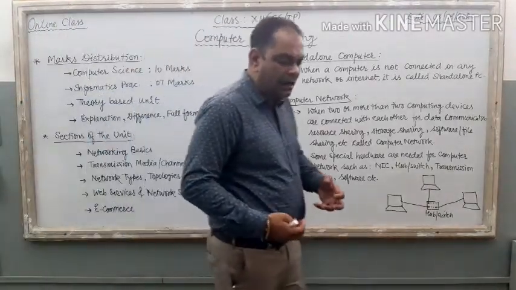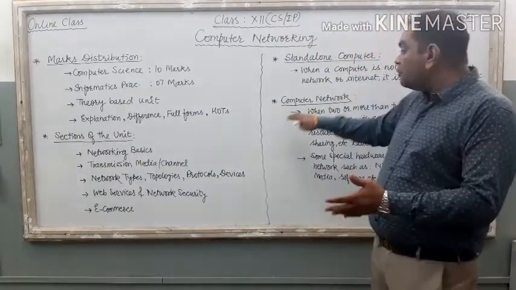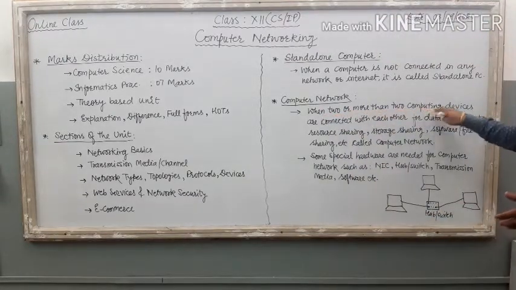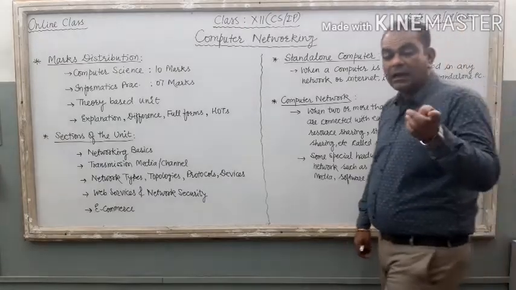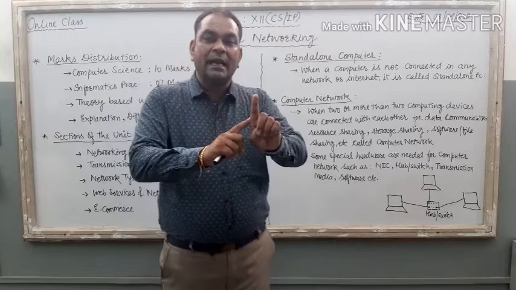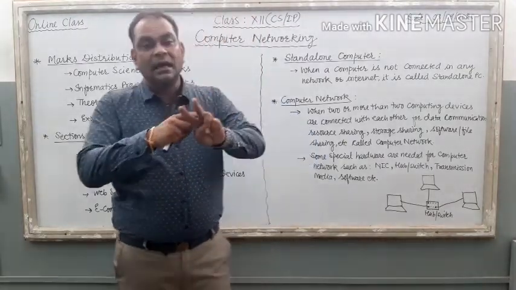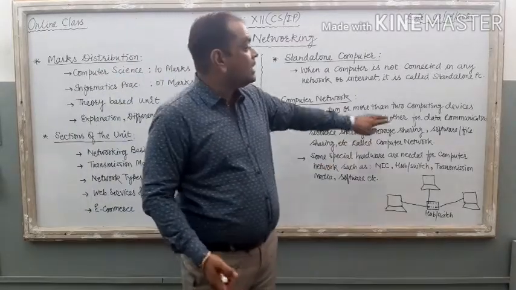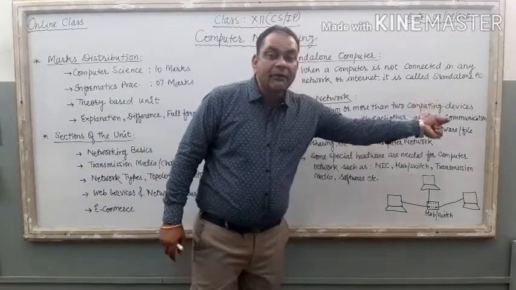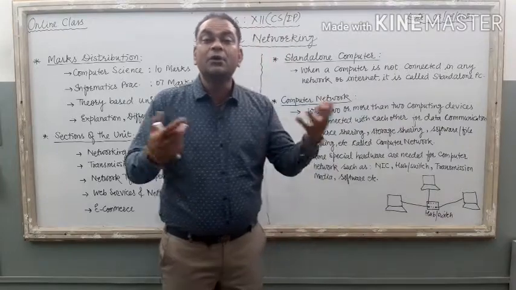If we take the definition from the Oxford Dictionary, a computer network is when two or more computing devices are connected with each other. Computing devices include computers, printers, web cameras, and mobile setups. Now, why are we connecting them?